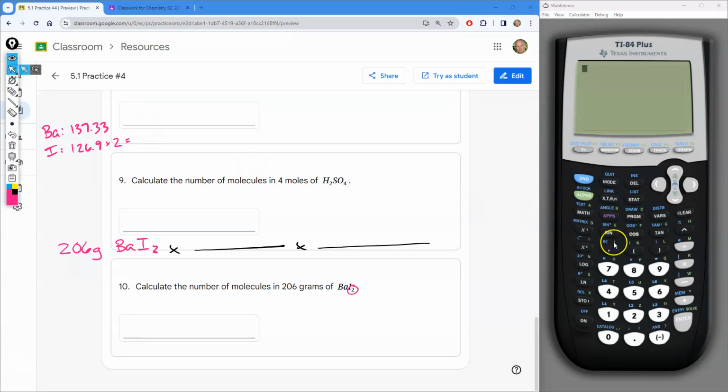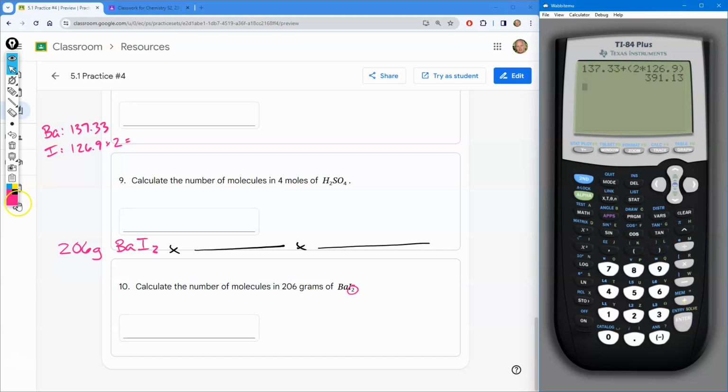Oops. So let's do that. So let's see, we have 137.33 plus, I'm going to do this all as one calculation here. So I'm going to do 2 times 126.9.